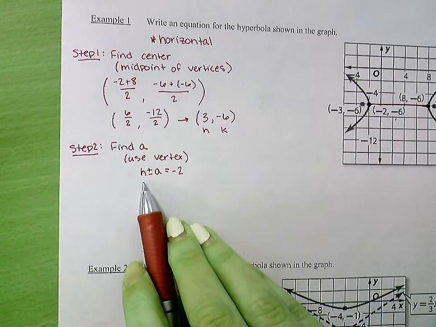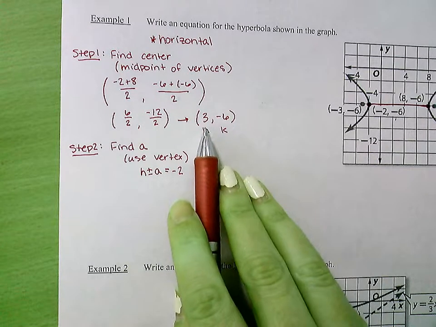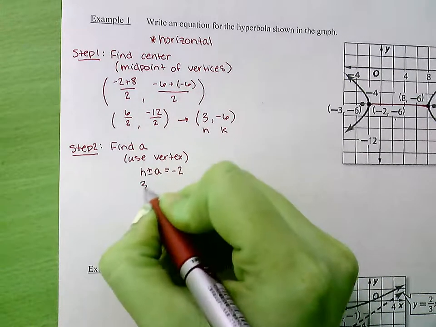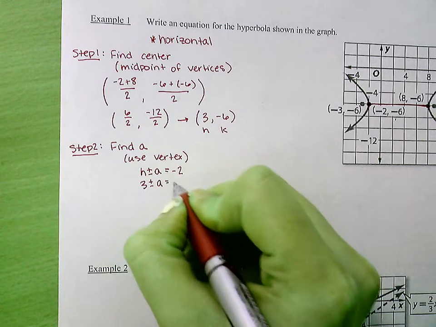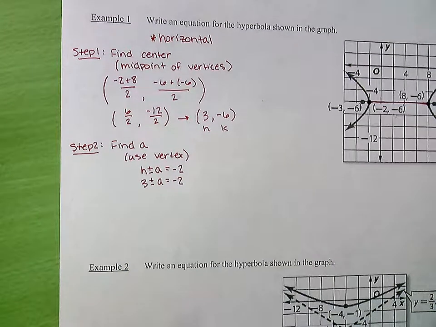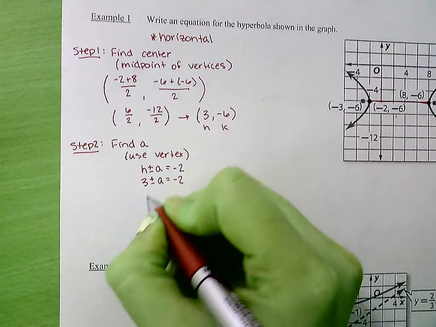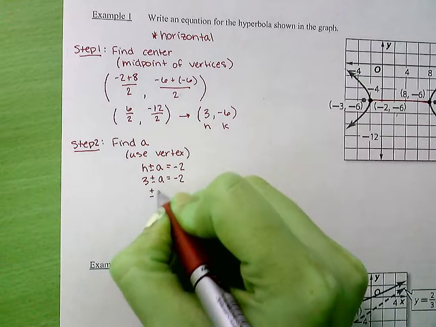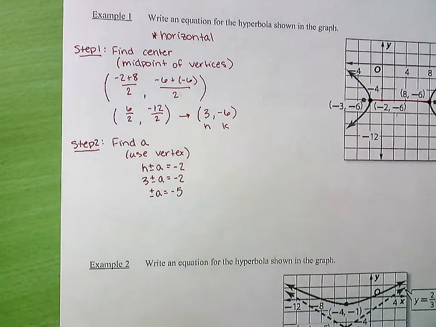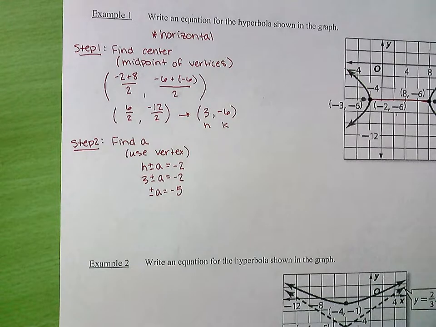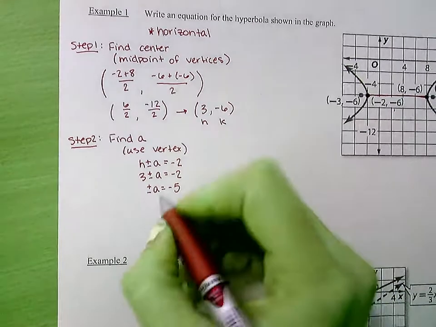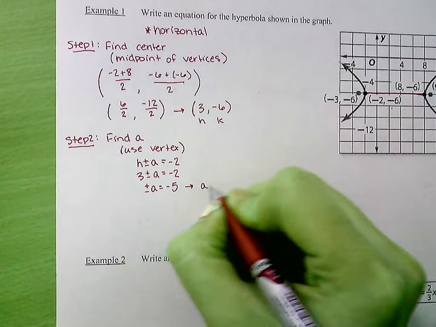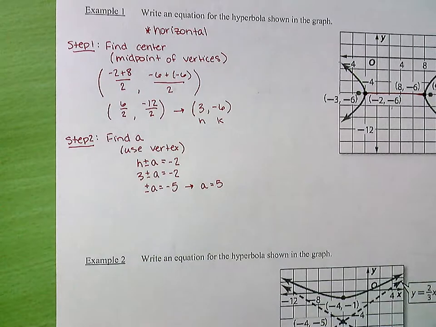Well, I know what h is, so I can plug in 3 for h. Subtract 3. And remember, your a and b values always have to be positive. So a will be 5.